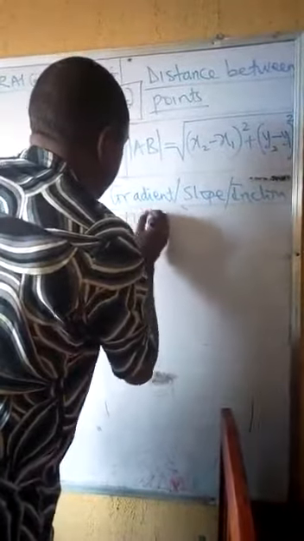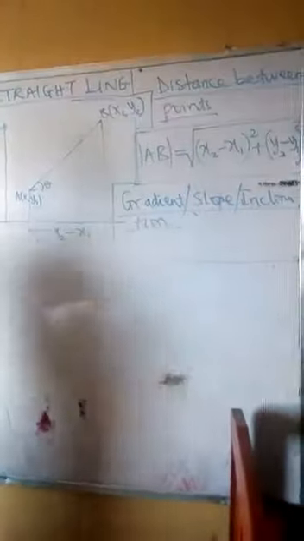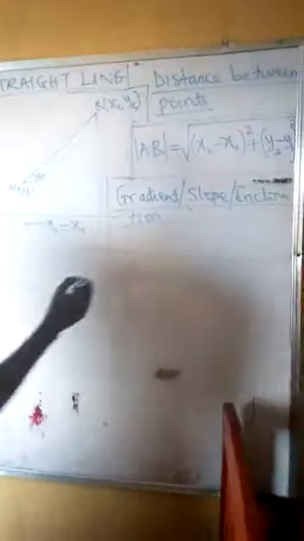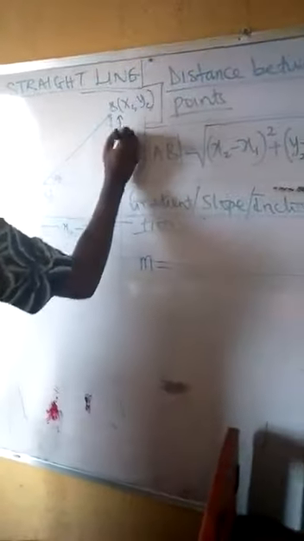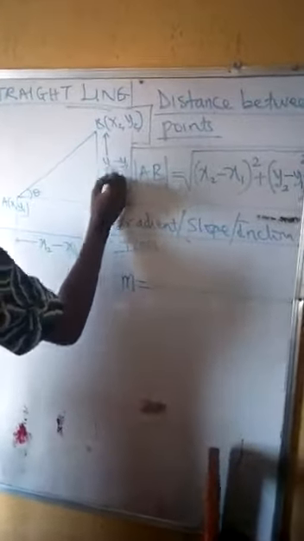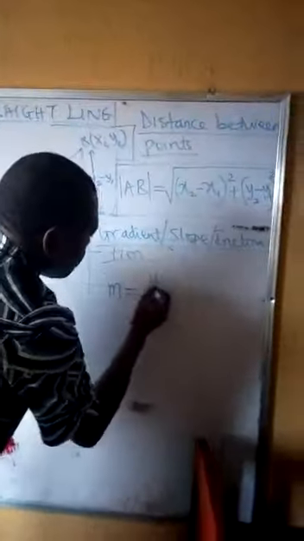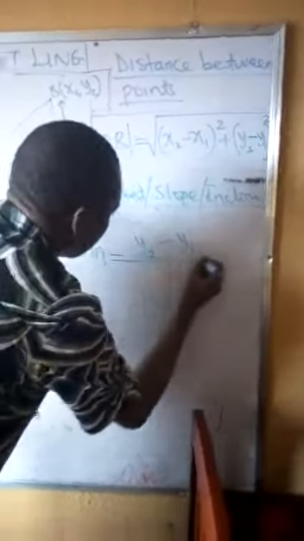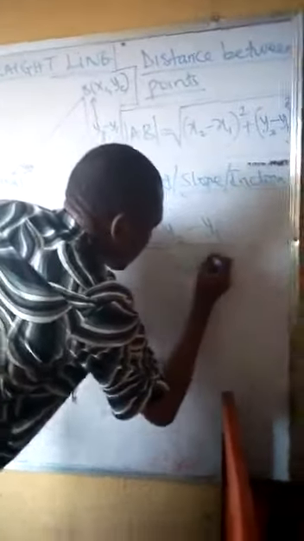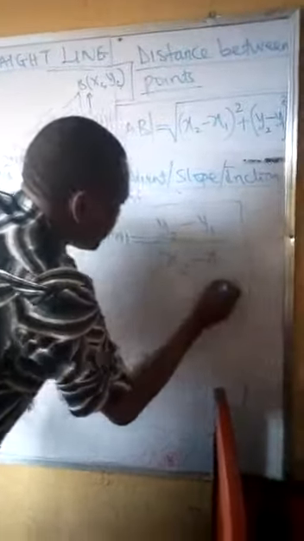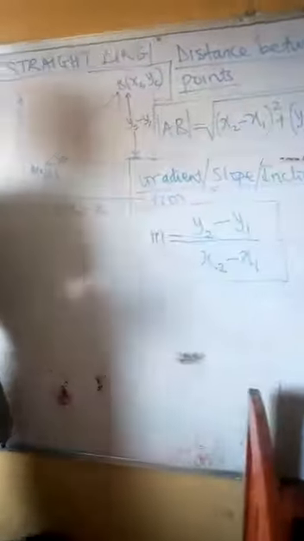The gradient of a line, usually denoted as m, is the difference between the y values, y2 minus y1, over difference between the x values, x2 minus x1.